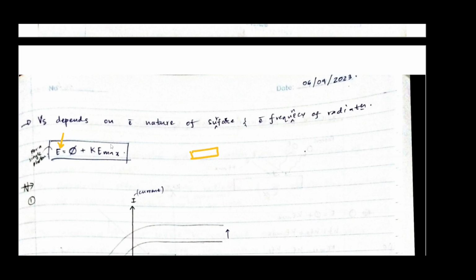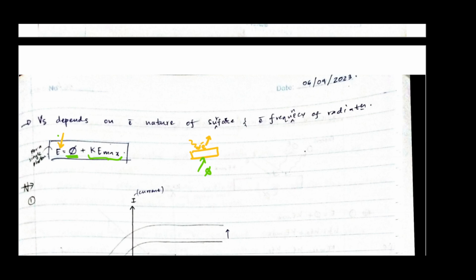When it is absorbed by a surface and the electron is ejected, the work function for this material is always a constant. So depending on the photon, the work function is constant for that material. Depending on the photon, only the maximum kinetic energy is going to change.